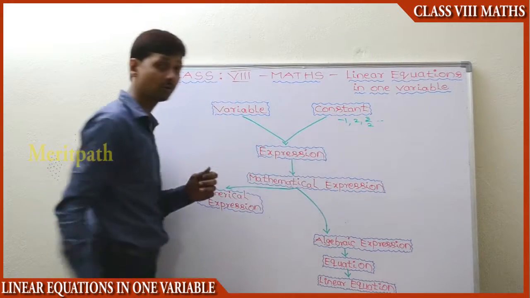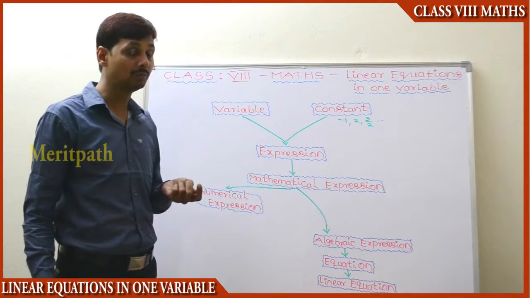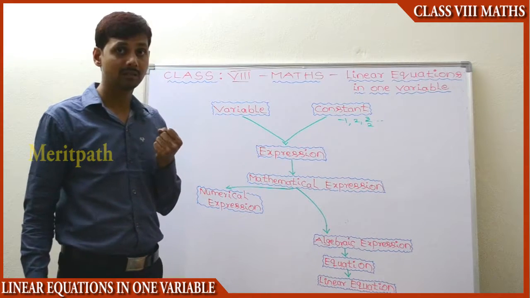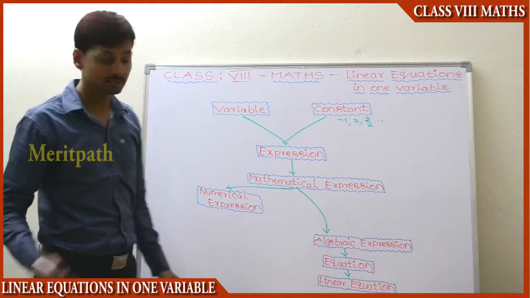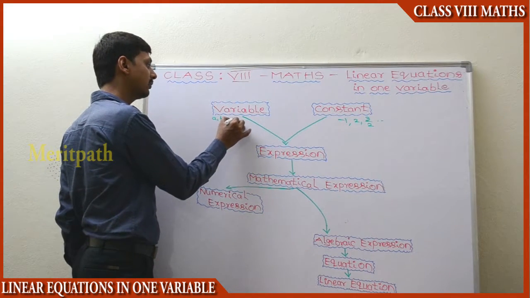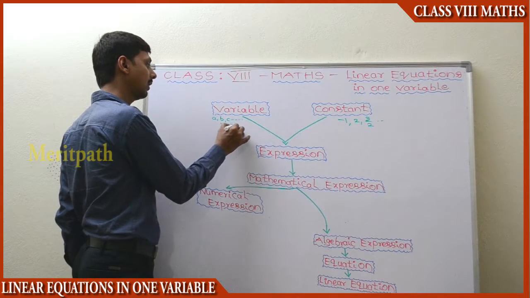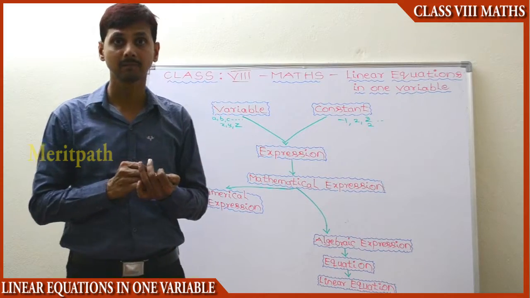These are the examples for constants. We take any numerical value whose value doesn't change, we call them constants. And variables A, B, C, X, Y, Z, all alphabets are called variables.